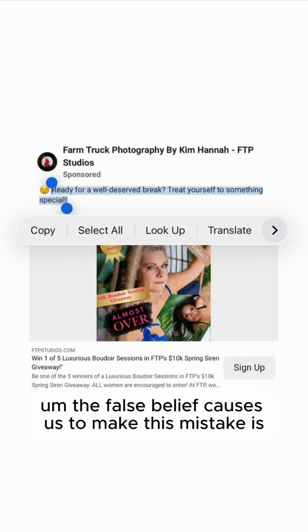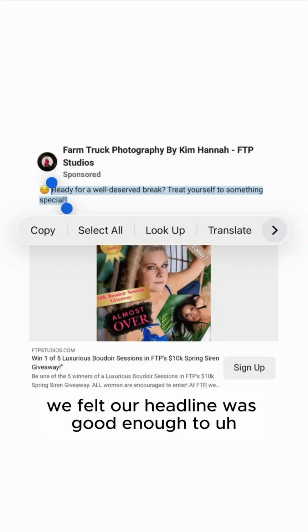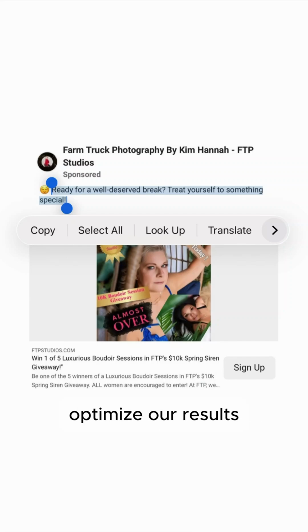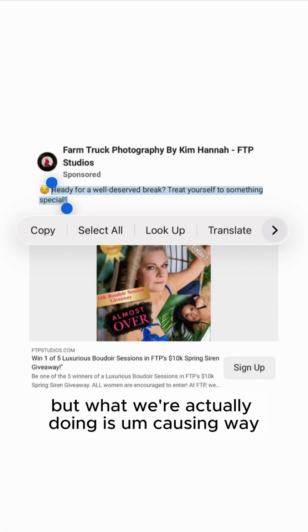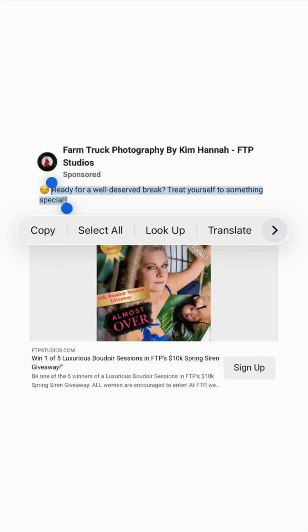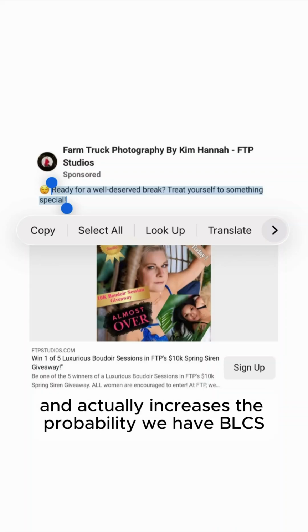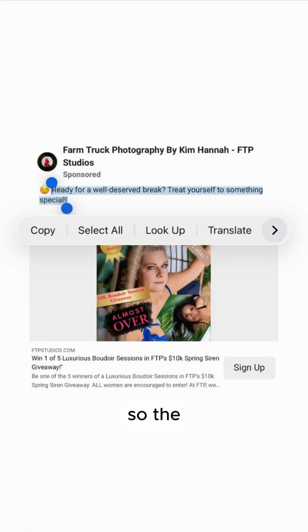The false belief that causes us to make this mistake is, we felt our headline was good enough to kind of maximize, optimize our results. But what we're actually doing is causing way more women to scroll by our boudoir Facebook ad than necessary, which pulls down our unique CTR under 6% and increases the probability we have BLCS.